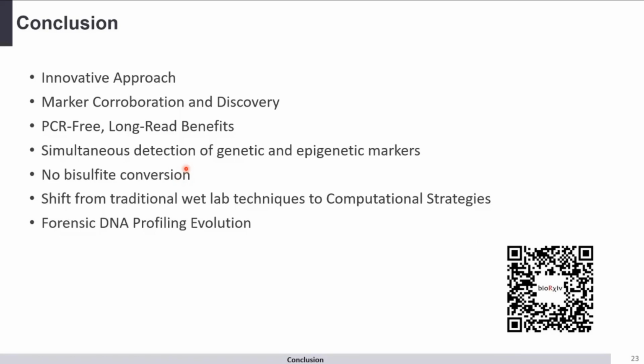We could capture and detect methylation from the nanopore signals directly. And with nanopore adaptive sampling, targeted nanopore sequencing shifts from traditional wet lab manipulations to advanced dry lab computational strategies. This not only makes the process more efficient, but also more portable, opening up new possibilities for forensic analysis on the go.